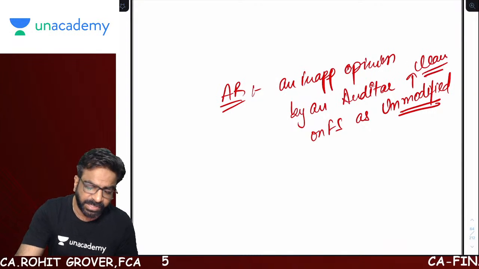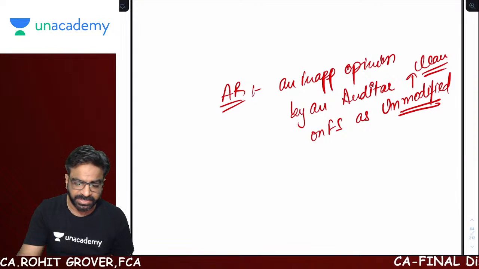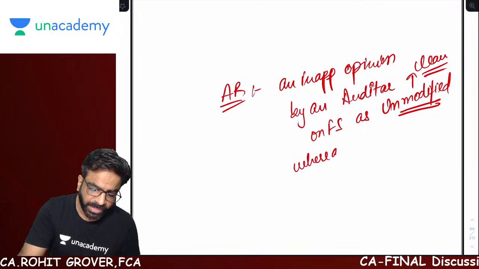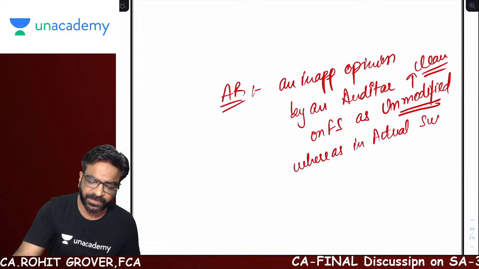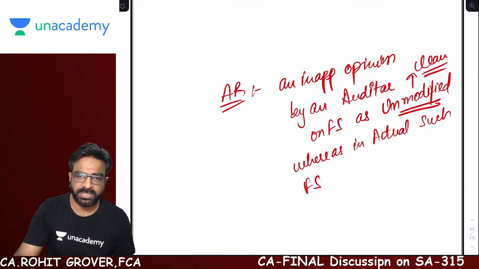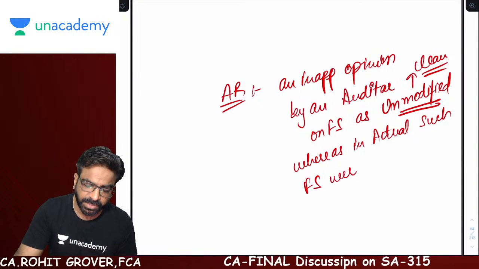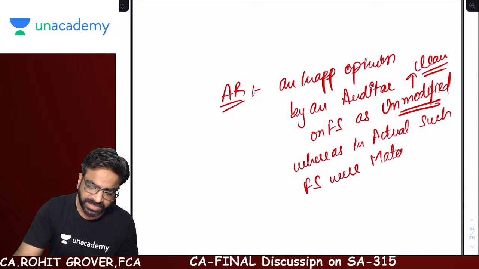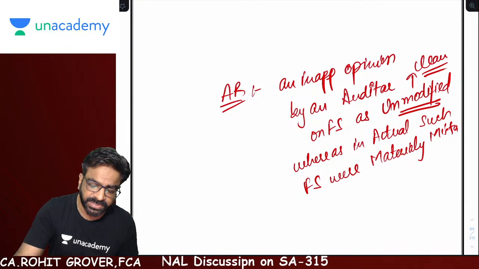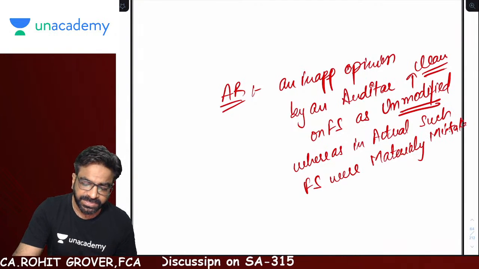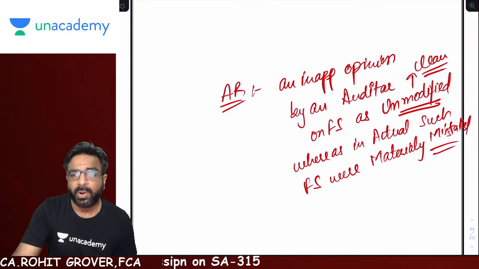Unmodified opinion means clean opinion on what? On financial statements, whereas in actual, such financial statements were materially misstated. This is what you mean by misstated. This is what you mean by audit risk, everyone.